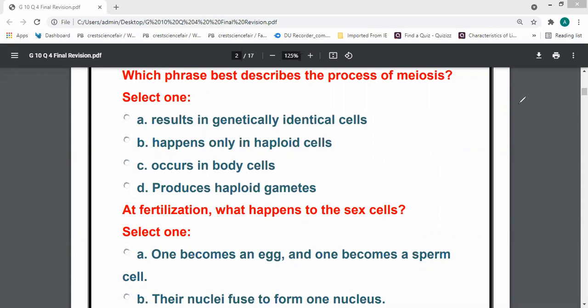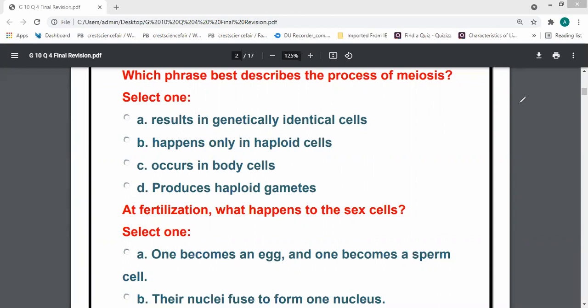D means produces haploid sex cells. Okay. B: meiosis division occurs in sex cells. No, it produces sex cells. Just excellent. Just produce, not occurs.